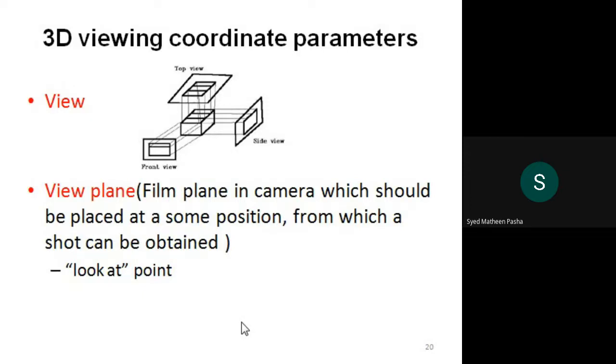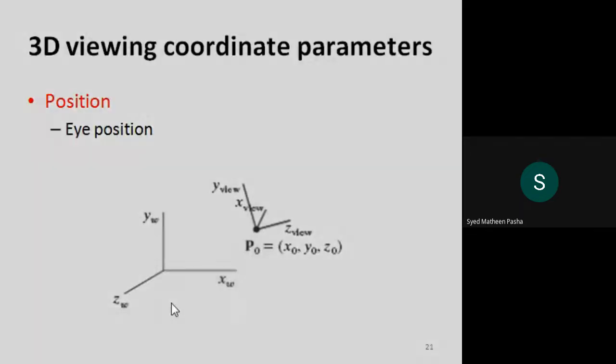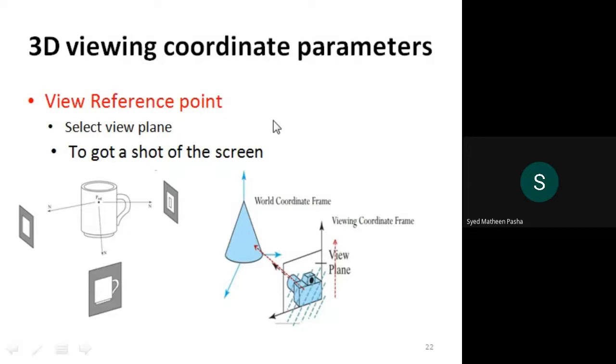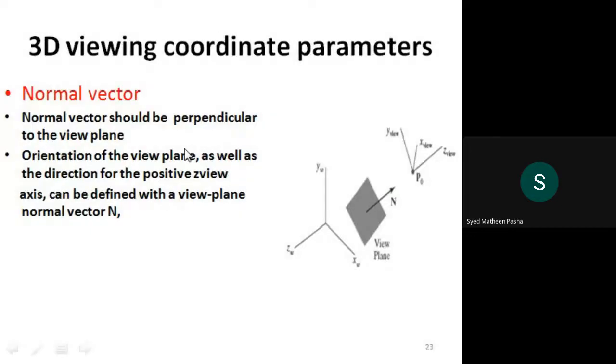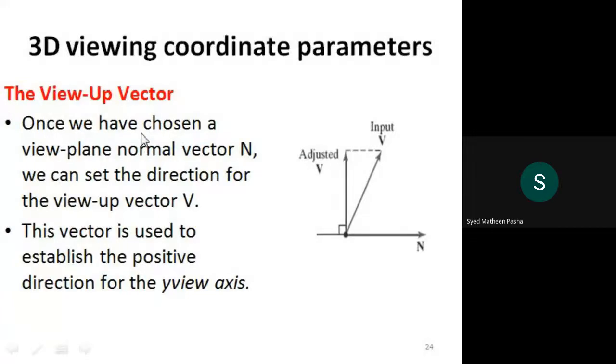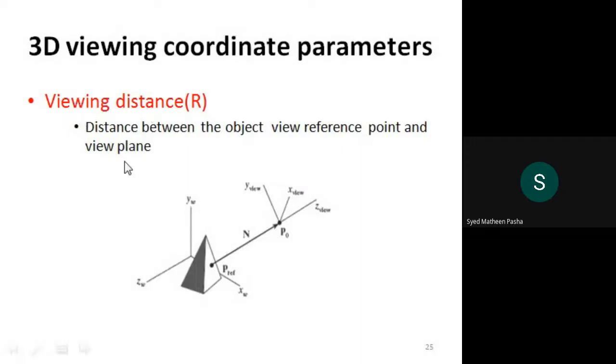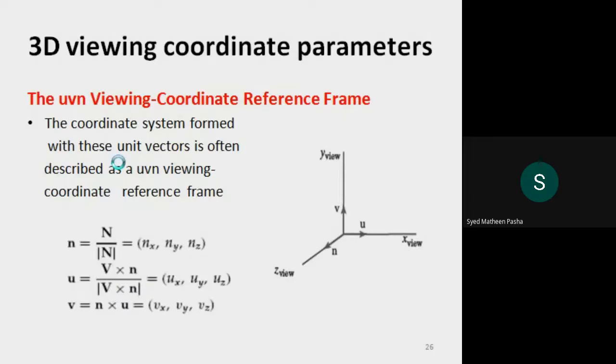The first is view, the second is view plane, the third is position, the fourth is view reference point, the sixth normal vector, seventh is view up vector, eighth is viewing distance, and the last is the UVN viewing coordinate reference frame. So in total there are 9 different 3D viewing coordinate parameters we need to remember, for your internals as well as externals.